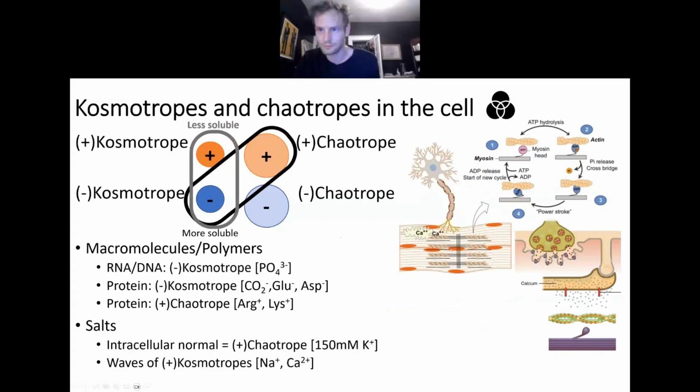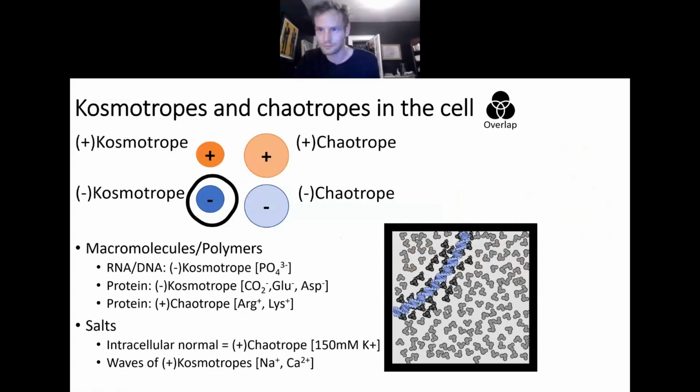So we can almost think of the action potential or the contraction of muscle as this weird precipitation reaction where you now add this really, really insoluble ion pairing, where the calcium or the sodium could maybe interact with the cosmotropes on the polymers, giving us a different view or a different lens for biology.